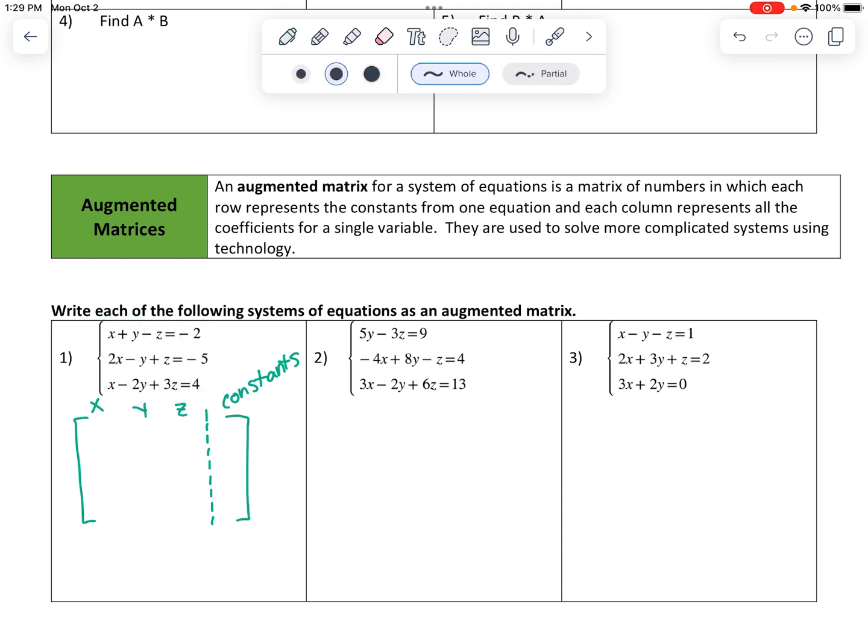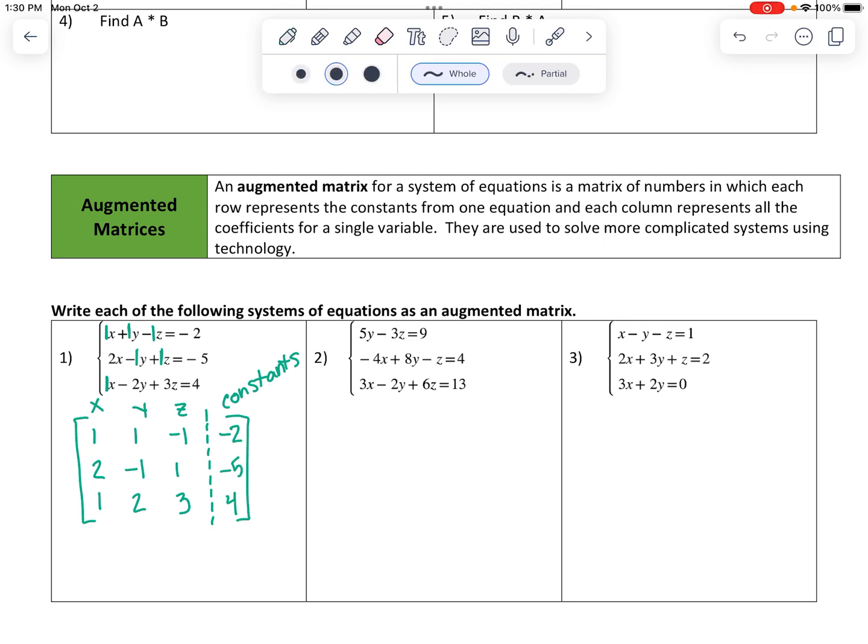Okay. So if I look, I have a 1, I have a 2, and I have a 1. Here in front of y, I have a 1, I have a -1, and I have a 2. And in front of z, I have a -1, a 1, and a 3. On my constants on the right side, -2, -5, and 4.